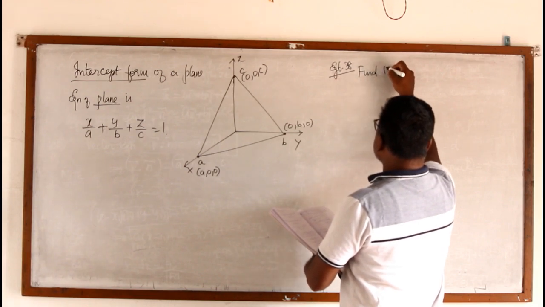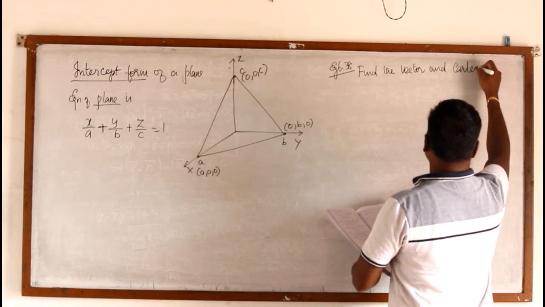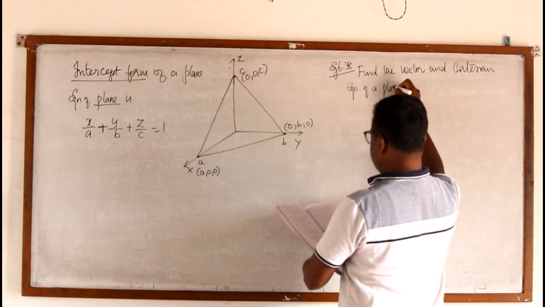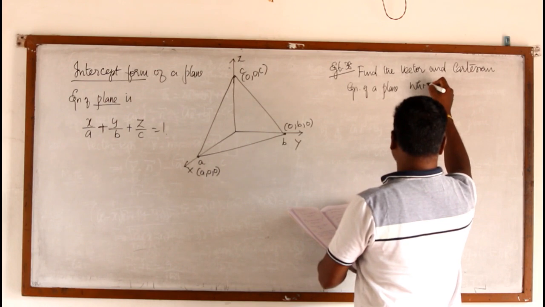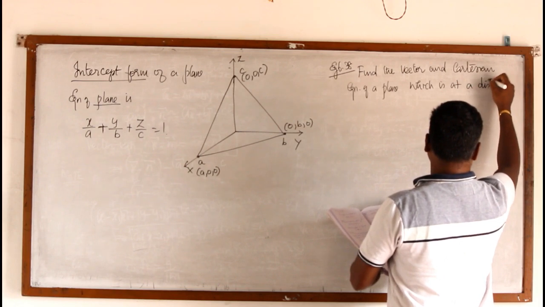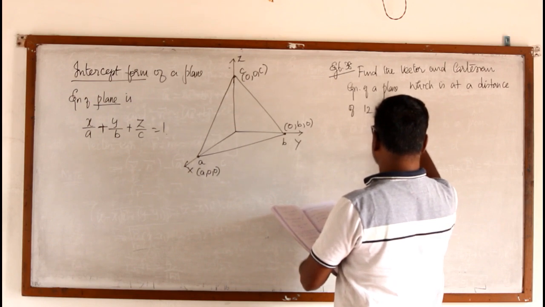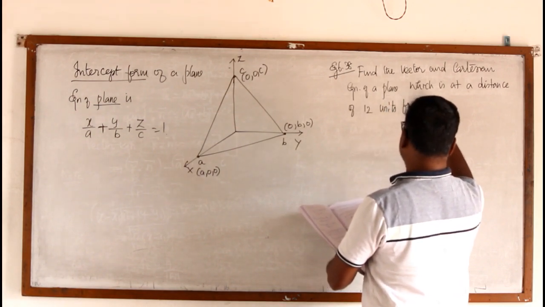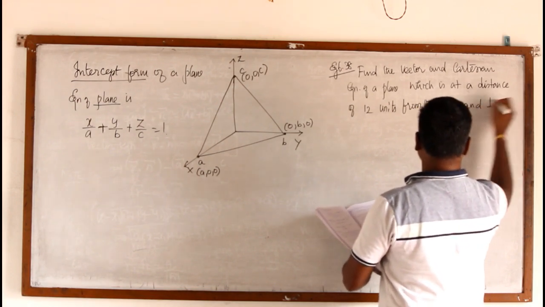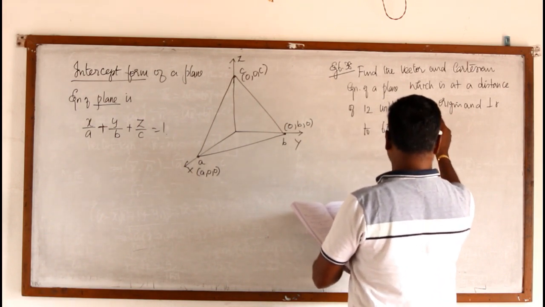Find the vector and Cartesian equation of a plane which is at a distance of 12 units from the origin and perpendicular to 6i plus 2j minus 3k.